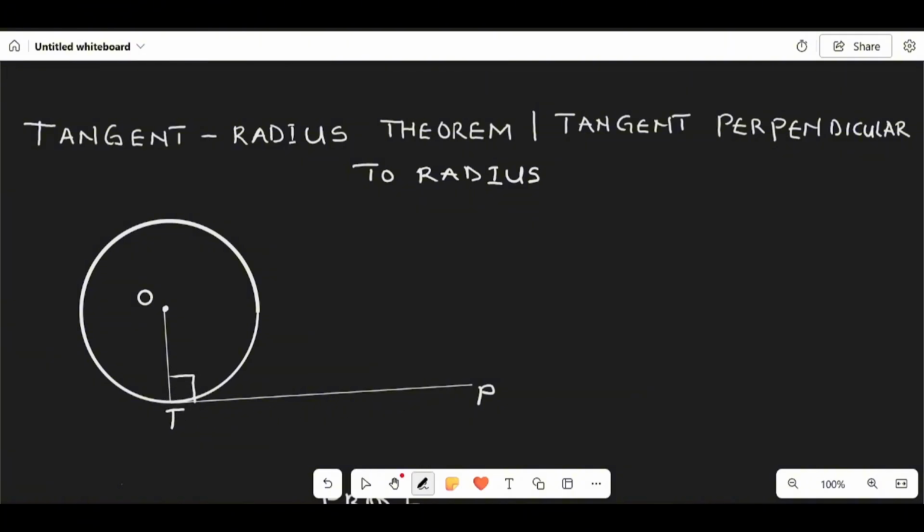That means they meet at 90 degrees. And it can be written in symbols like this: OT is perpendicular to PT.